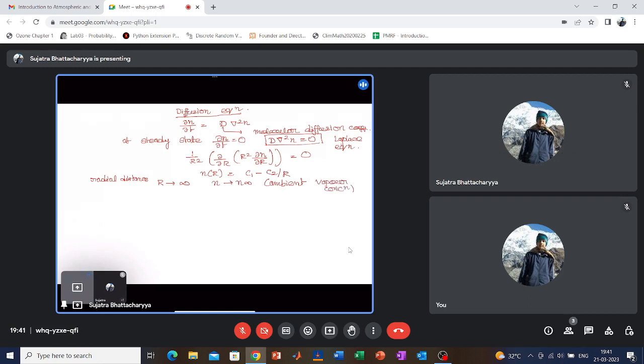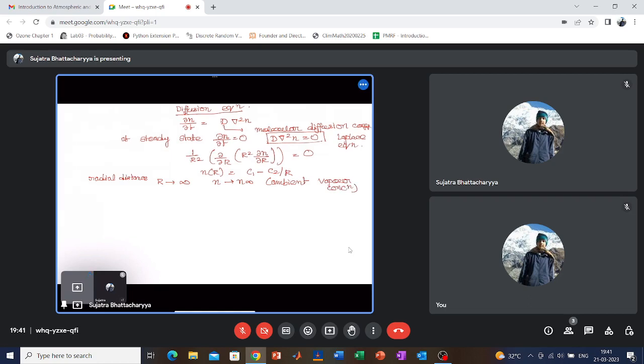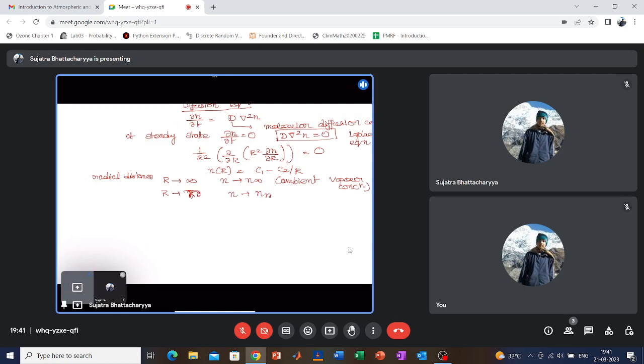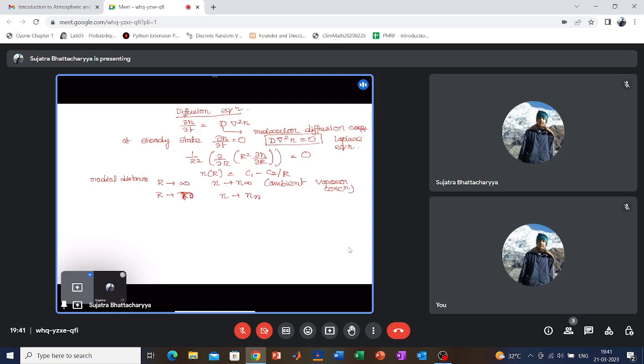Of course, because the radius is very large from the droplet, so it is not the droplet, it is the ambient field. Now as r tends to small r, n will tend to n r. But small r and capital R are the same, I have already told. So this is the vapor concentration at the surface of the droplet.